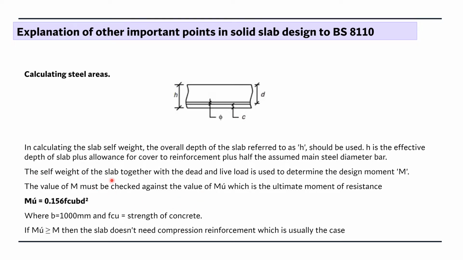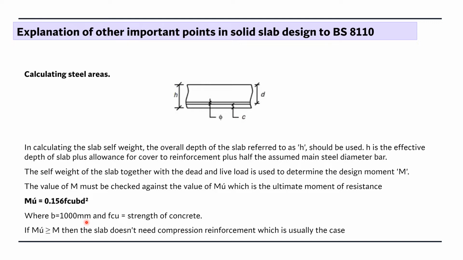The self-weight of the slab together with the dead and live load is used to determine the design moment M. The value of M must be checked against the value of Mu, which is the ultimate moment of resistance. So Mu, referred to as the ultimate moment of resistance, is equal to 0.156 fcu b d squared, where b is 1000 millimeters.